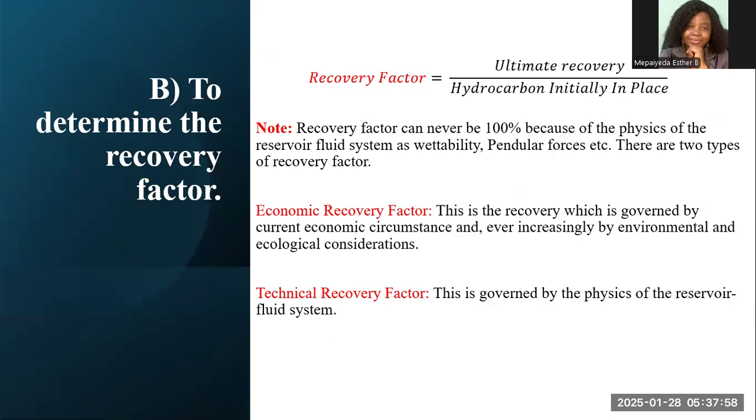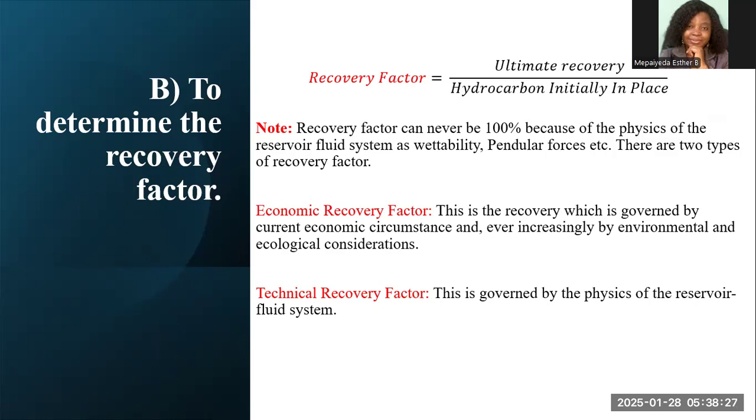And then the second fundamental role of a reservoir engineer is to determine the recovery factor. Your recovery factor is your ultimate recovery divided by your hydrocarbon initially in place. Your ultimate recovery is how much you can actually bring out from your reservoir, how much you can produce. Because your reservoir is at great depth in the subsurface, you cannot produce everything.